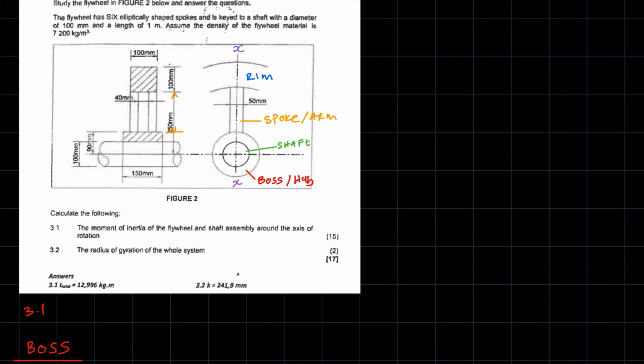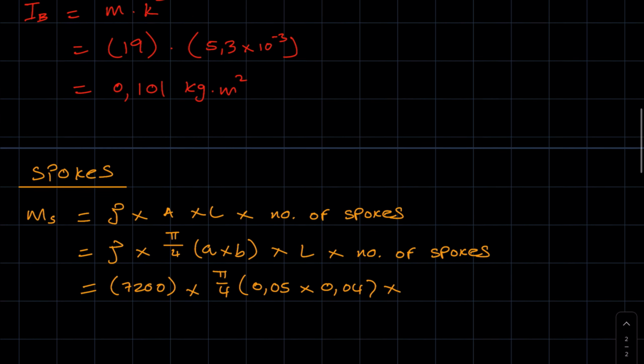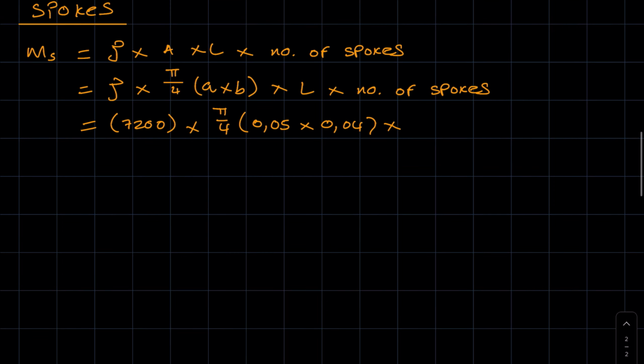Now, how do you go about getting the distance? You simply say the 250 minus the 90, which gives us 160. So this length is 160 millimeters, which is 0.16, times the number of spokes. We have 6 spokes.